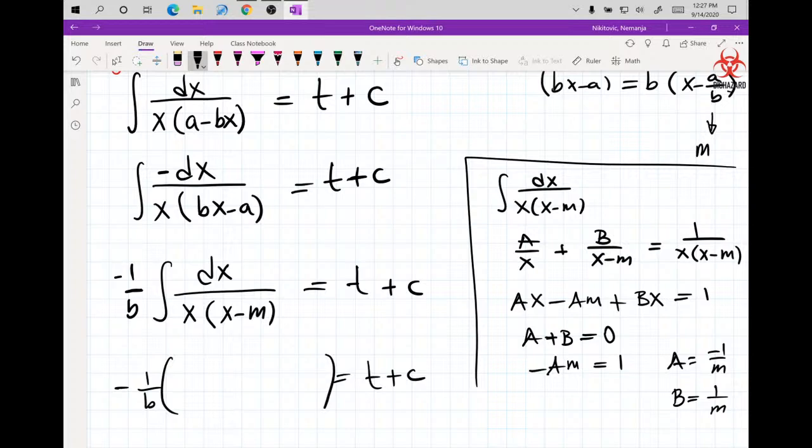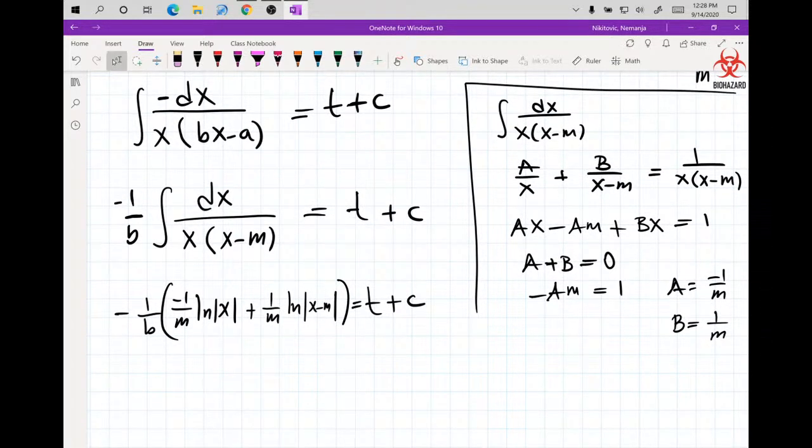I'm going to have the constant a, and then the integral of x is ln x. So negative 1 over m ln x, and then plus 1 over m ln of x minus m. A little bit crammed over here. There we go, fixed, fit.